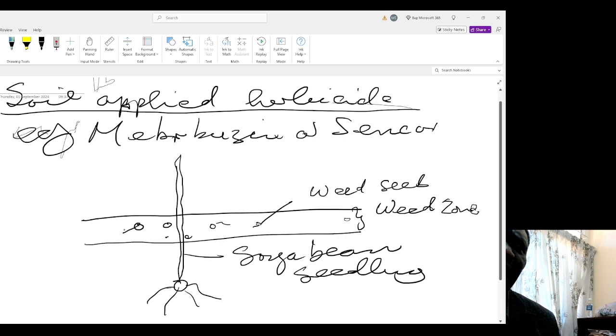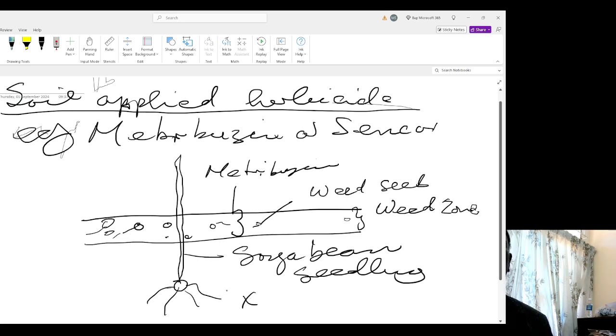Here we've got germinating weeds. Now, metribuzin can only cover this bit. It cannot reach this point.